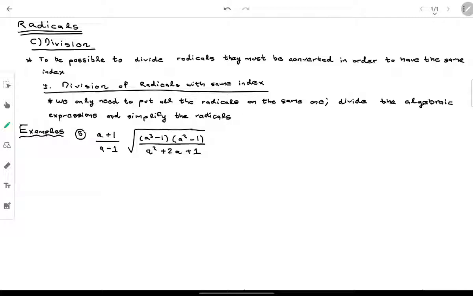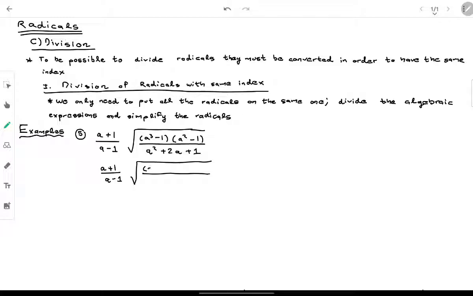On this one, we have polynomials. Don't worry about it. They are on the same radical, so we don't need to change it. We only need to solve it. So as a coefficient, I have a plus 1, a minus 1. I need to factorize whatever I have inside. So on top we have a difference of cubes.